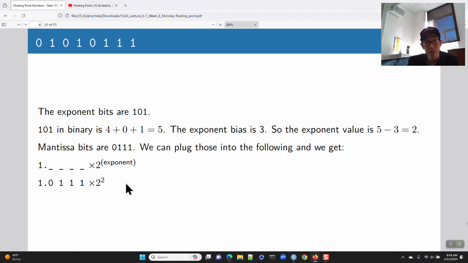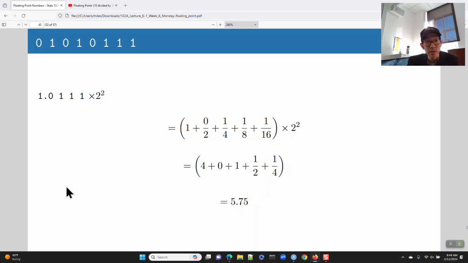Our exponent is 2, so this is equivalent to rolling the binary point over 2 spots to the right. If I do that, I would get 101.11.